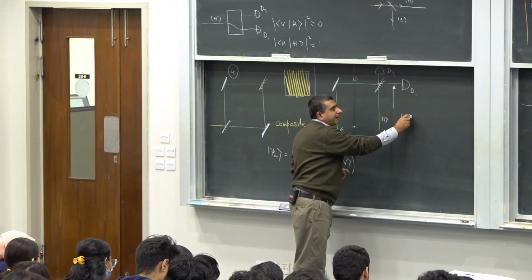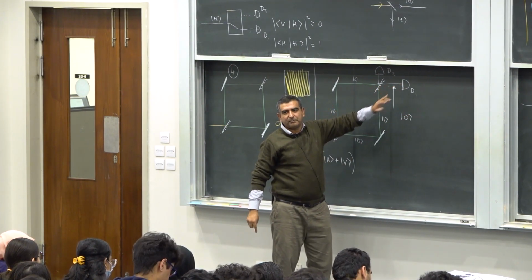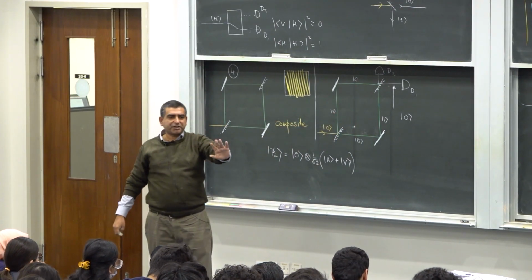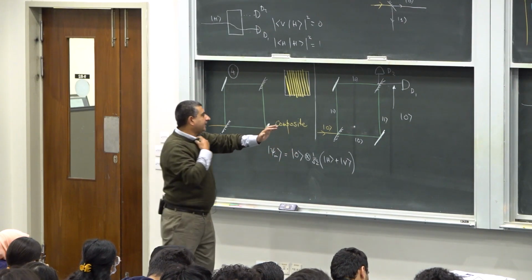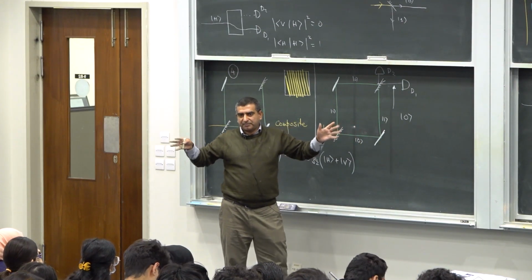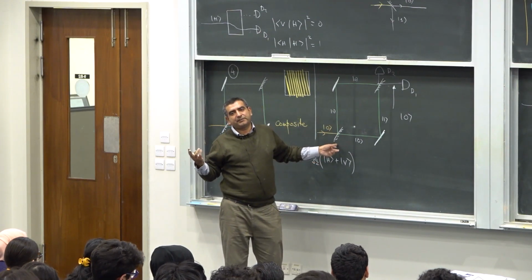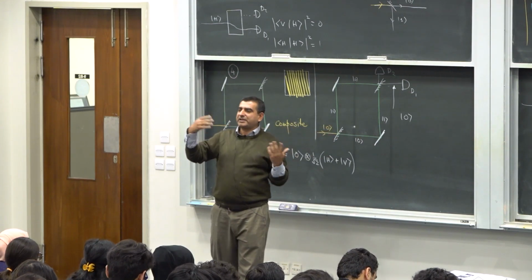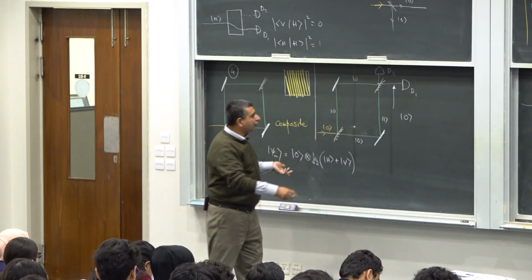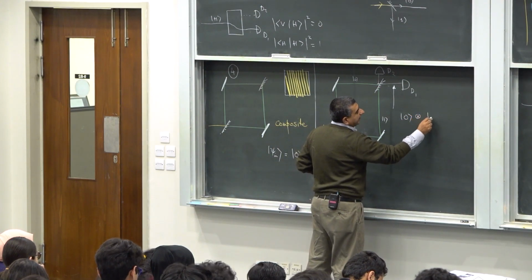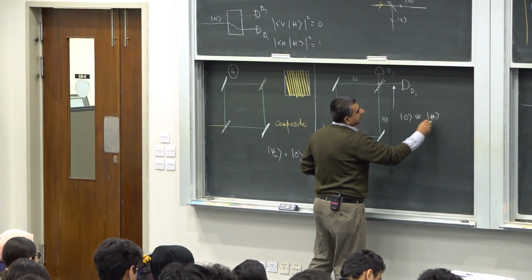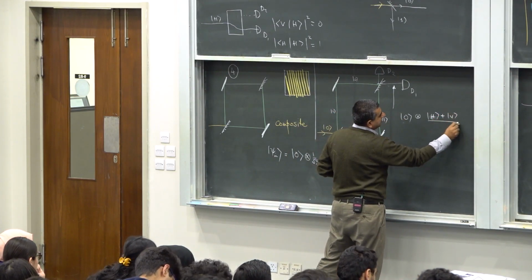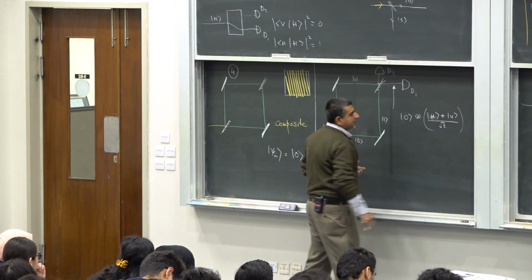on ket 0, because this is the ket 0 path. But what happens to the polarization? Nothing. The polarization is not affected. We are assuming that none of these elements is altering the polarization. This is not a polarizing beam splitter, this is just a beam splitter, this is just a mirror. And we are assuming that none of these elements changes the polarization whatsoever. So the output state is also going to be ket 0 plus the original polarization that you input.